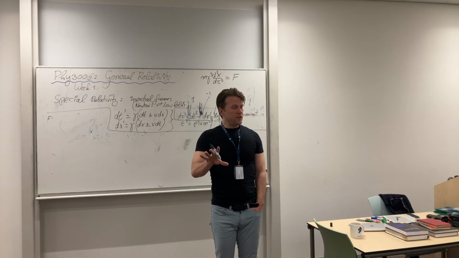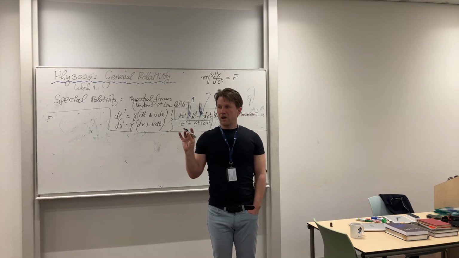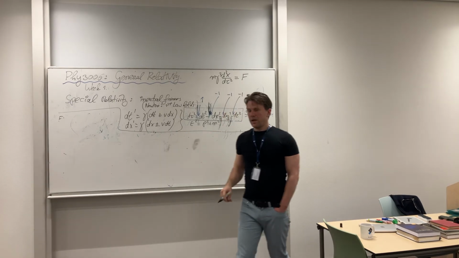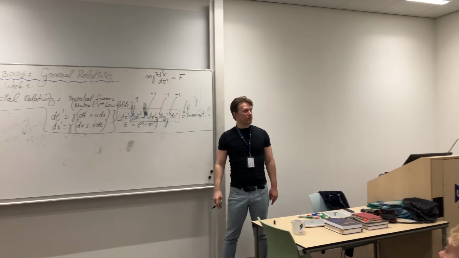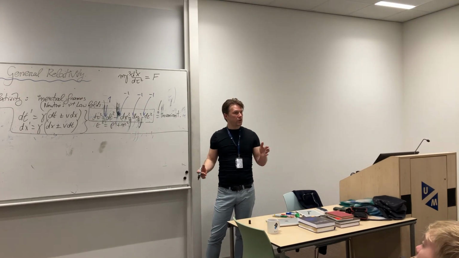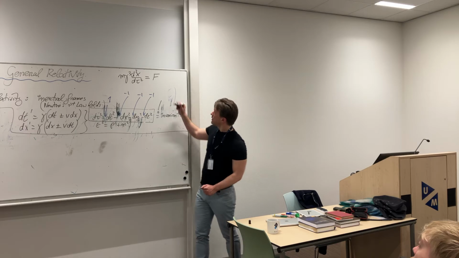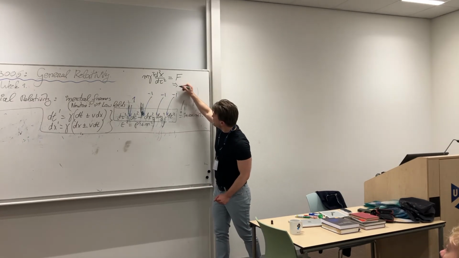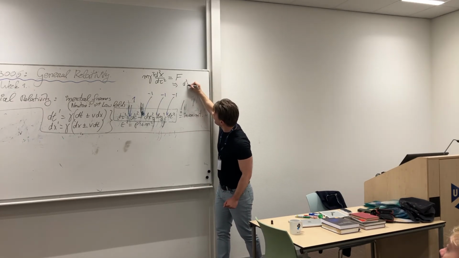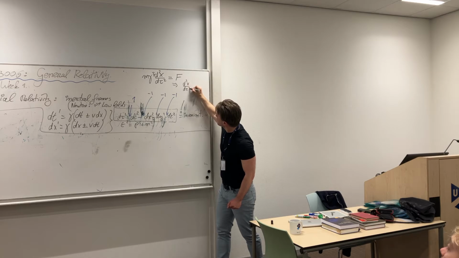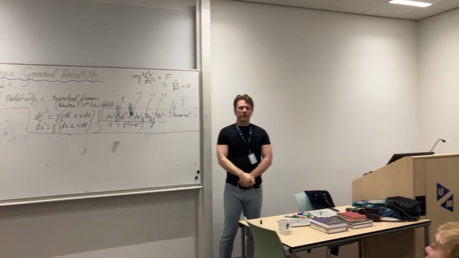Now, by definition, we're going to make our starting point that we are in an inertial frame. In an inertial frame, in the absence of forces, things go with constant velocity. So from our special relativity, what we'll get is this guy here.